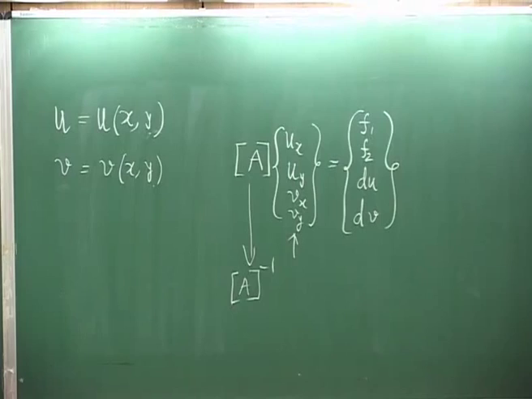However, the solution process will break down if this matrix A is singular. So, we demand that this matrix be non-singular, then only we can get those solutions for those partial derivatives.